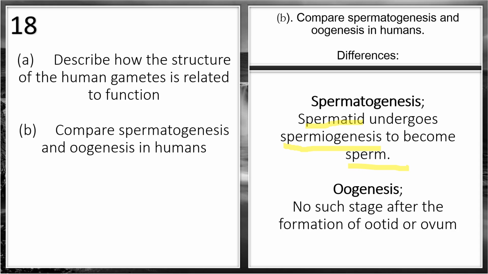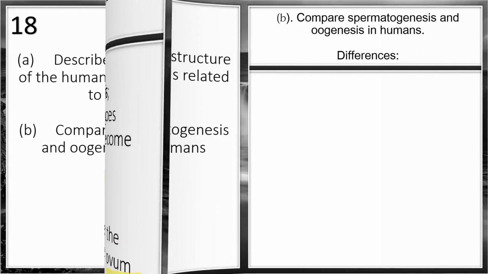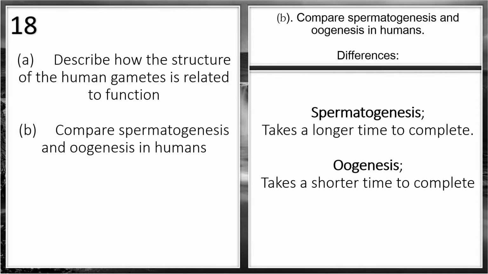In oogenesis, there is no such stage after formation of the ootid or ovum. In spermatogenesis, it takes a longer time to complete. In oogenesis, it takes a shorter time to complete.